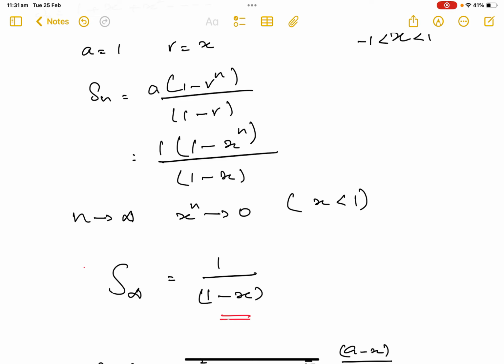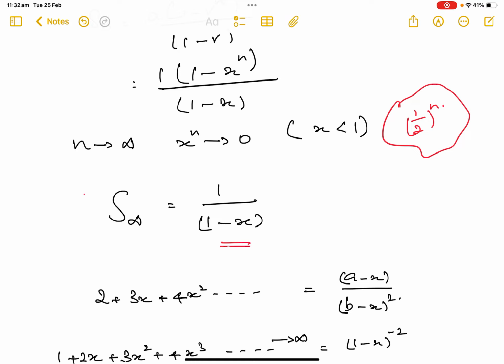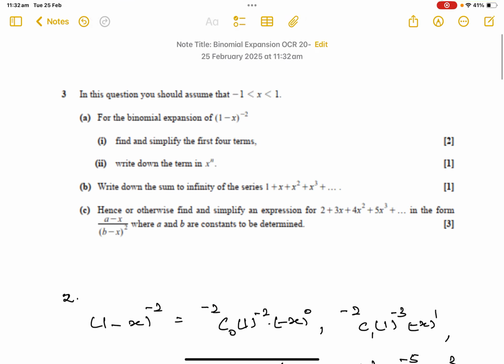In other words, if it is 1 over 2, as n increases, the value will reduce and reduce. So as n tends to infinity, x to the power n equals 0, providing x is less than 1, which is given. Therefore, the sum to infinity is 1 over 1 minus x. That is the part we needed to prove, the first one.